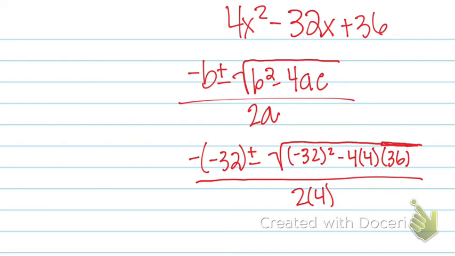If you simplify this, you should have two negatives. On the 32s, make what kind of 32? A positive.